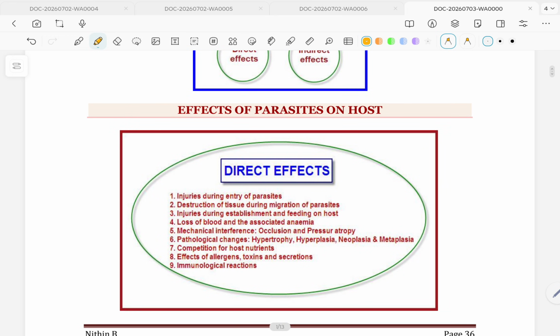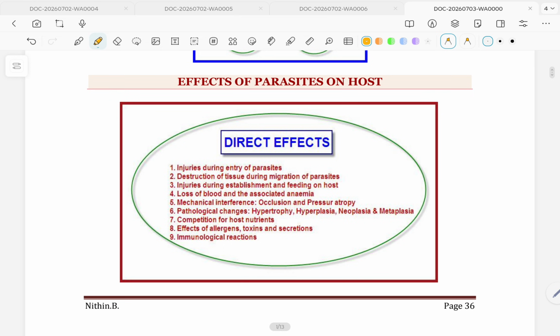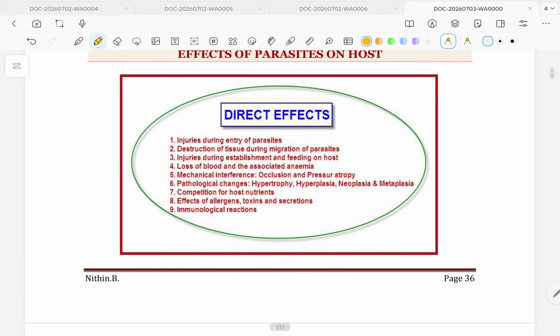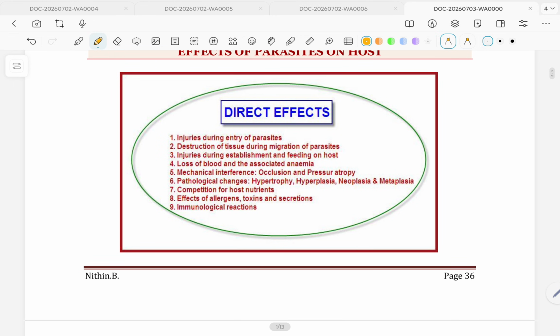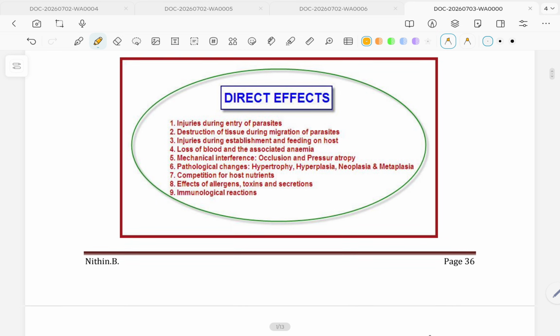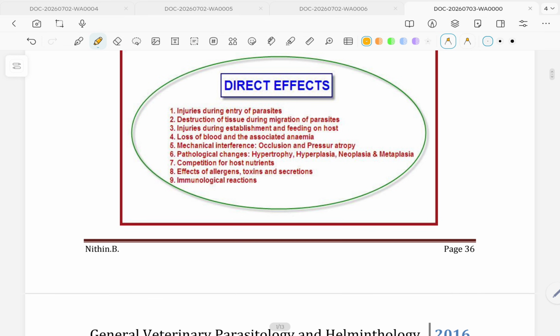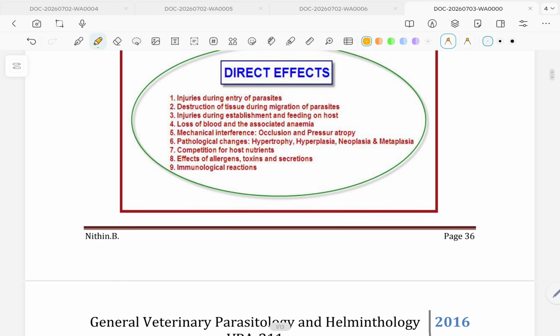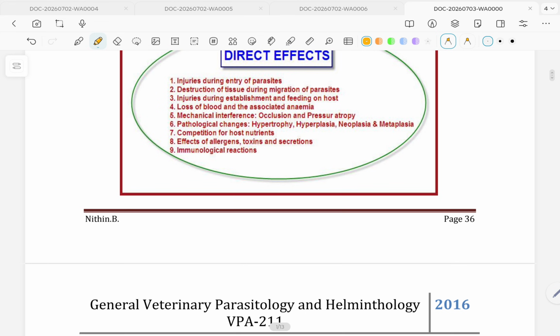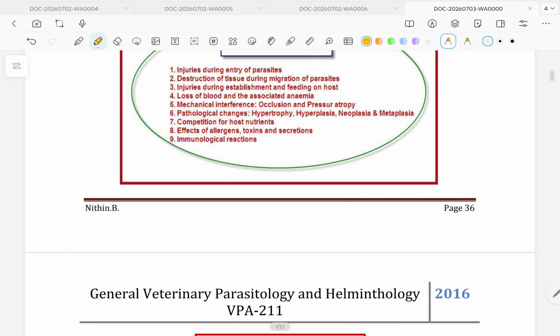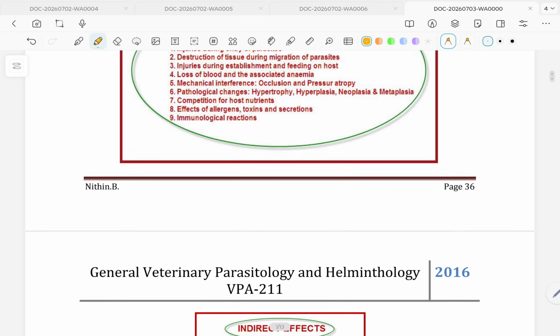Direct effect: injury during entry of parasite, destruction of tissue during migration of parasite, injury during establishment and feeding on host, loss of blood and the associated anemia, mechanical interference, occlusion and pressure atrophy, pathological changes, hypertrophy, hyperplasia, neoplasia, metaplasia, competition for host nutrient, effect of allergen, toxin and secretion, immunological reaction.